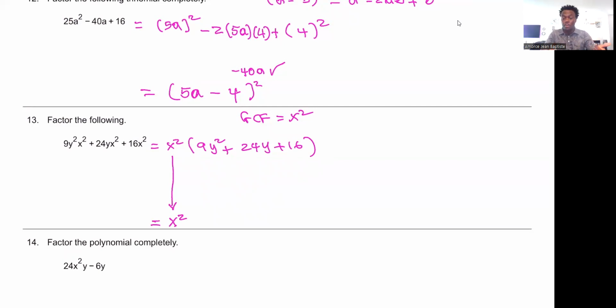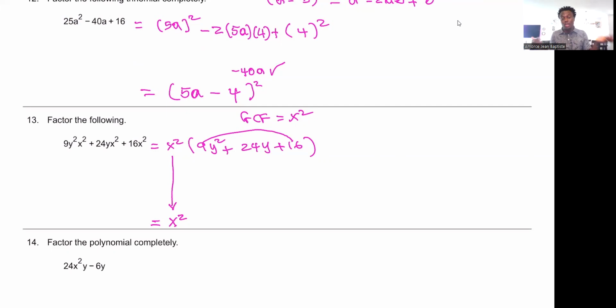So when factoring by grouping, you remember we need to find what is the number to multiply by. You should multiply the coefficient of the squared term by the constant.